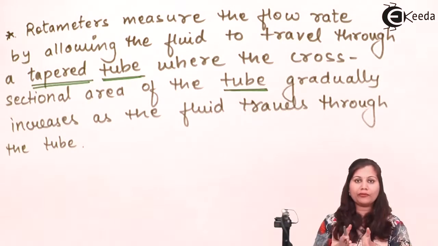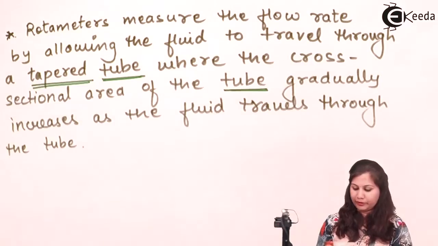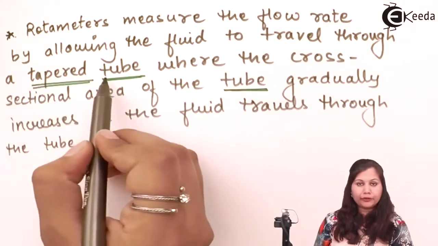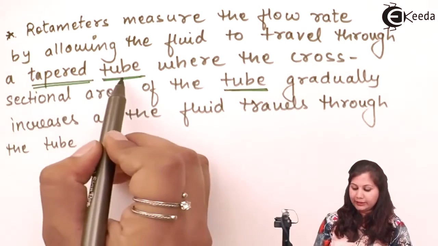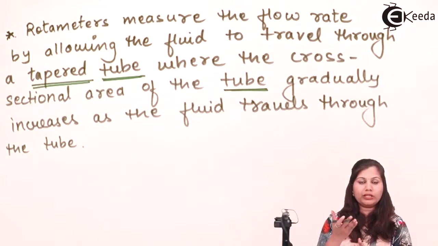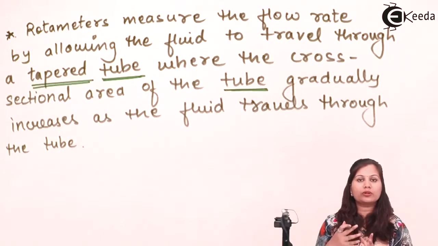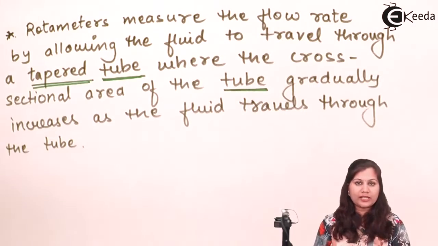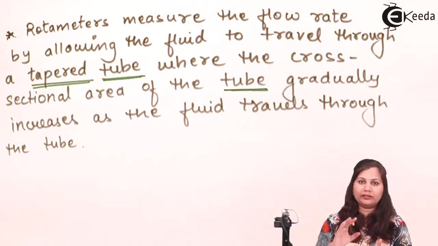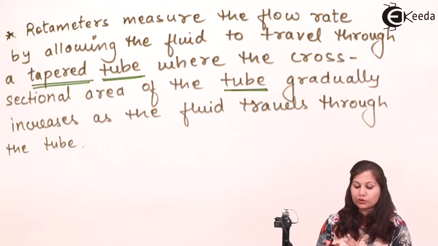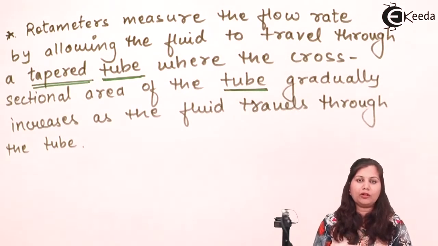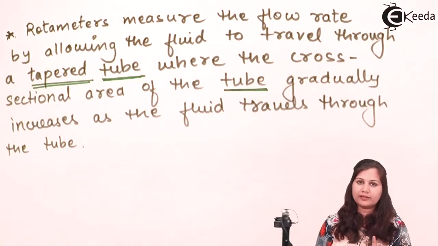So the shape of the tube is tapered. In that tapered tube, as the fluid starts flowing, the cross-sectional area of the tube also gradually increases. So the change in the cross-sectional area of the tube is used to measure the flow rate of the fluid flowing in the pipe. That is the basic principle on which the rotameters work.